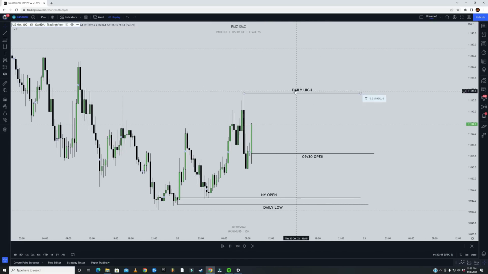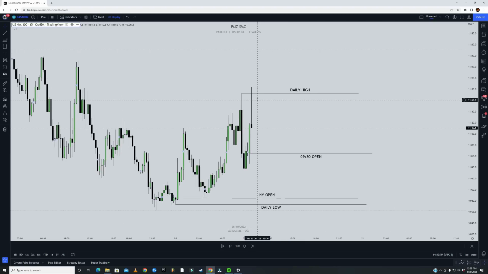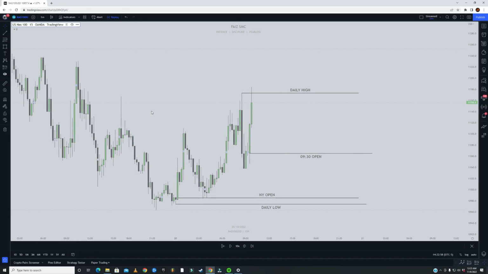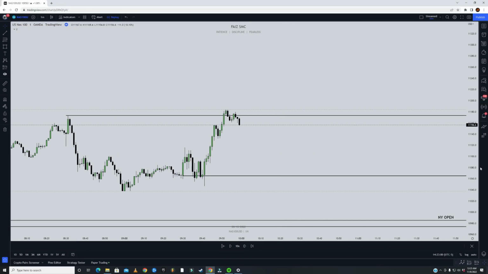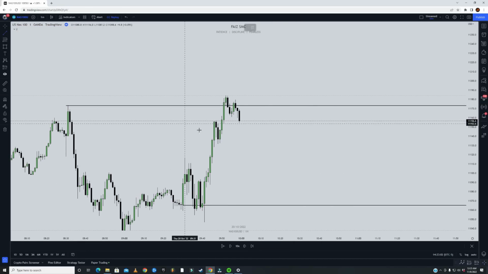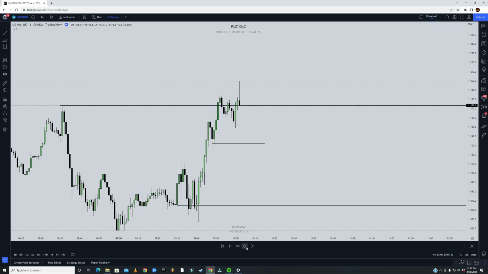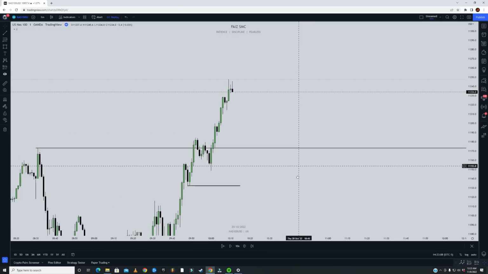So what we want to wait for is for price to take out either the daily low or the daily high after 9:30, right? So as you can see, price took out the daily high, right? We wait for market structure shift. So let's see if price gives us market structure shift. It does not, so it keeps going up.